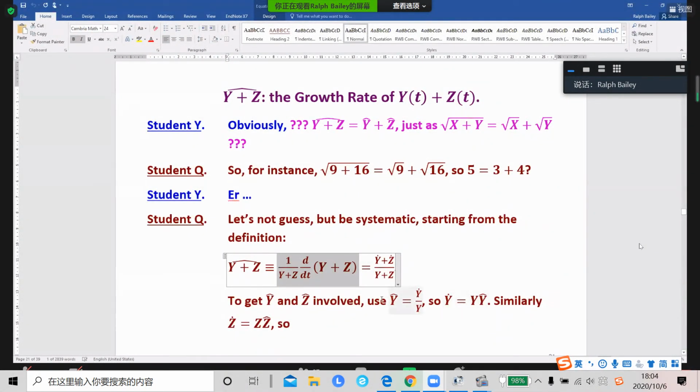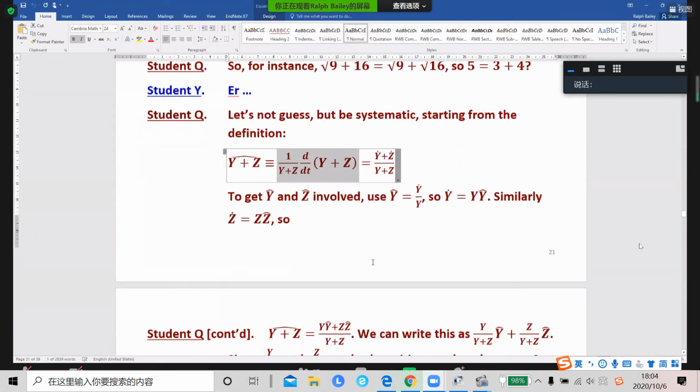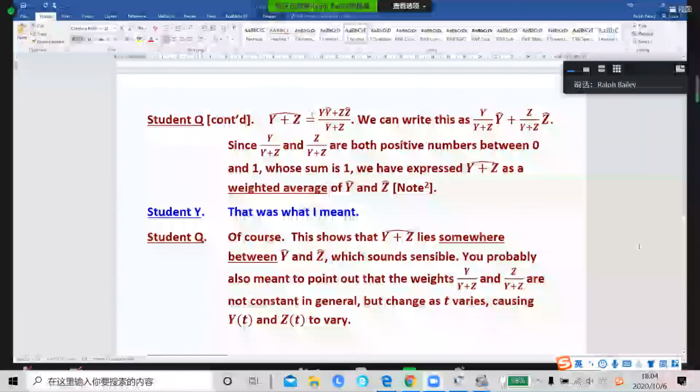If y hat is y dot over y, then just multiply both sides by y, and you get y dot is y times y hat. And we can plug these two expressions in up here. This is the sort of thing you only get from lots of practice. Put those two expressions up here, and you've got an answer in terms of the growths.